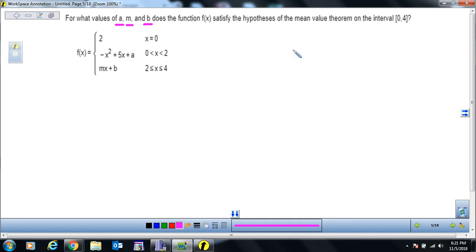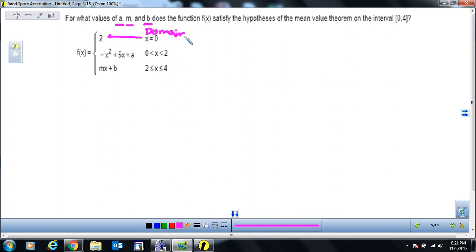So if we observe this piecewise function, we see that on the f of x function, we have three functions here, right? When x is 0, it's going to be 2. This is the domain, right?